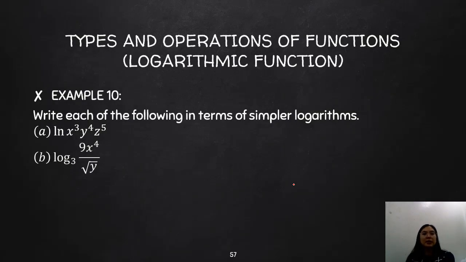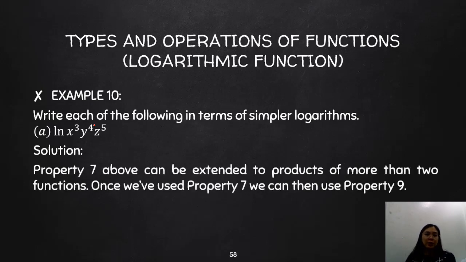So, let's try to take a look at some examples. So, write each of the following in terms of simpler logarithms. So, you have your ln of x cubed y raised to 4 and z raised to 5. So, property 7 above can be extended to products of more than two functions. Once we've used property 7, then we can use property 9.